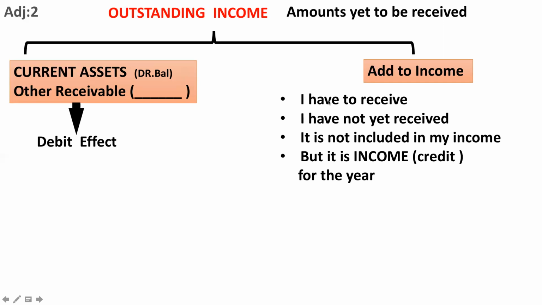So I have to include it because it is the income for the year. Incomes are credit. We are going to add it to the income. So it becomes my credit effect. I hope I'm very clear.